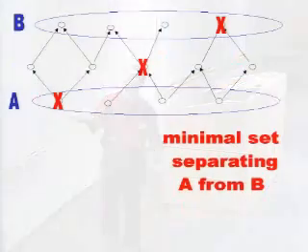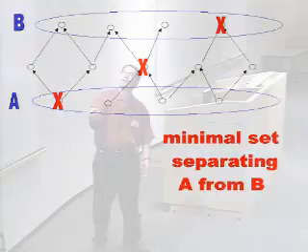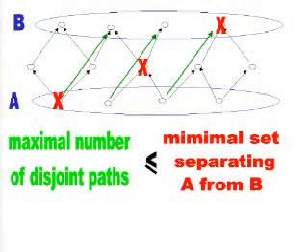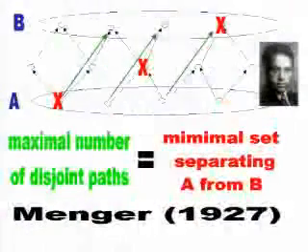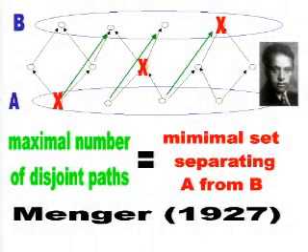Well, there is some trivial upper bound for this. This is the bottleneck, which is the minimal set separating A from B. So if you remove this set from the graph, you will no longer have any path from A to B. Now, it's quite easy to see that you can't achieve more than the bottleneck.